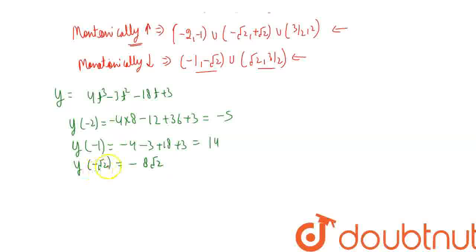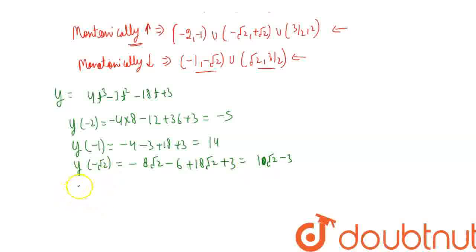If we put -√2 in the square, we get the square of -√2 as 2, so 2 into 3 is 6, so here we have -6. Here we have -18 into -√2, that is plus 18√2, and plus 3. On solving this we get plus 10√2, and -6 plus 3, that is -3. So we get 10√2 minus 3 as y of -√2.